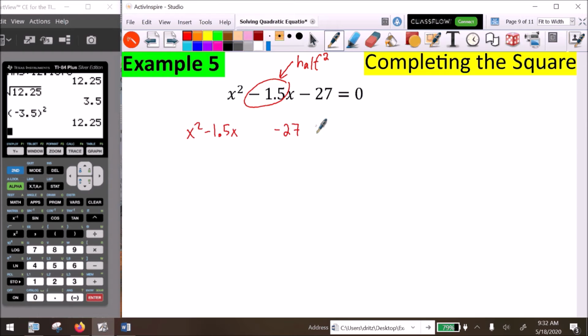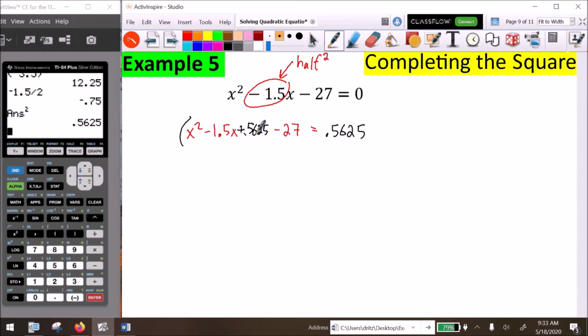Half of 1.5 is, well, half of negative 1.5 is negative 0.75. And we have to square that, which is 0.5625. So I'm going to add 0.5625 to both sides of the equal sign.